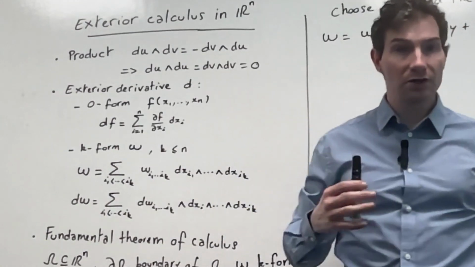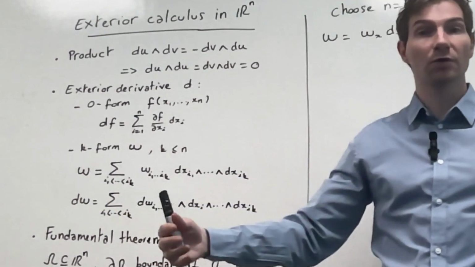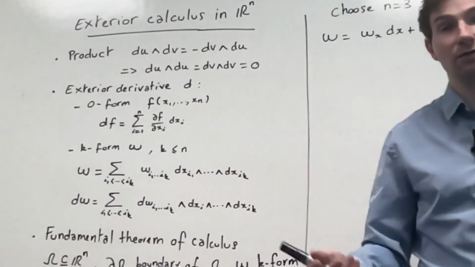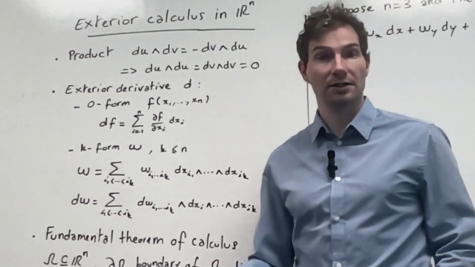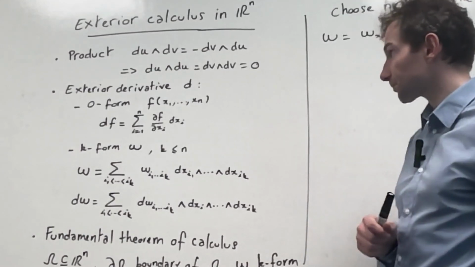That's called a wedge product. Now a consequence of that is that if you take the exterior product of any differential form with itself, it is going to be zero. And that's something we are going to use afterwards.